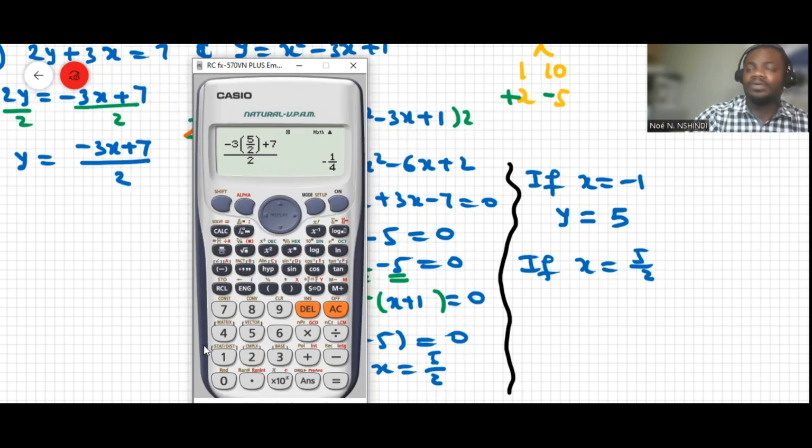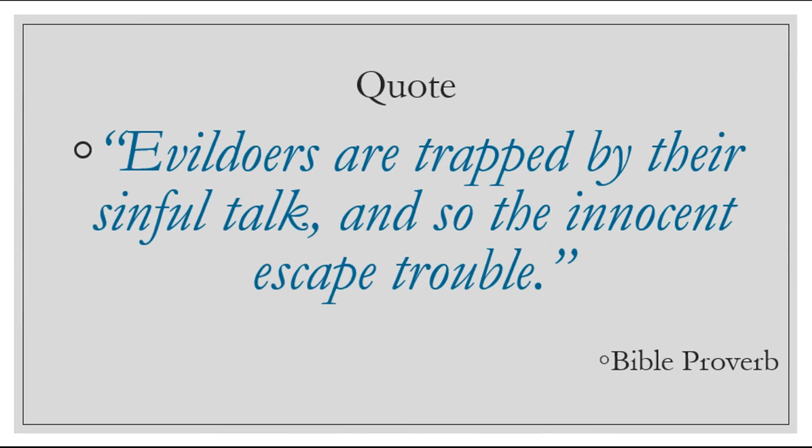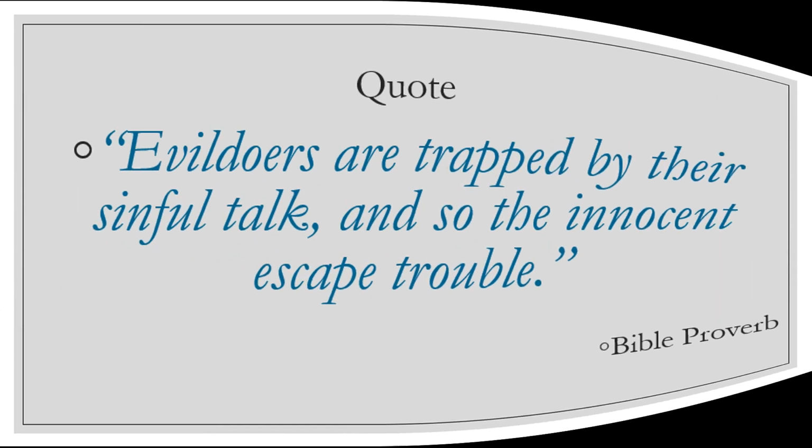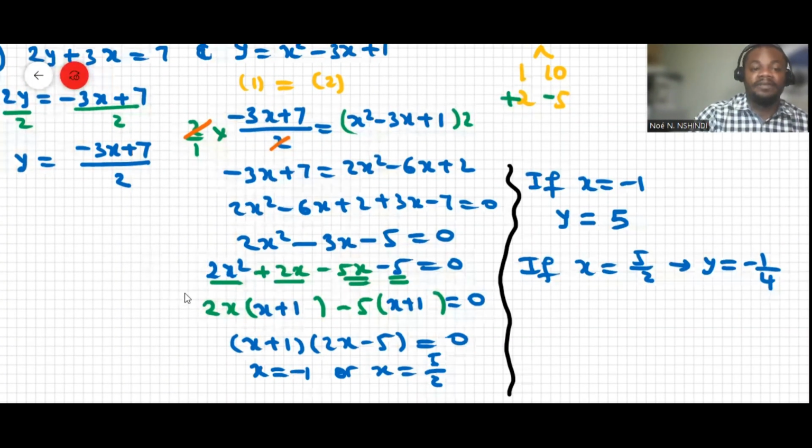And then this equals -1/4. So y will be equal to -1/4. Okay, we just did question F.